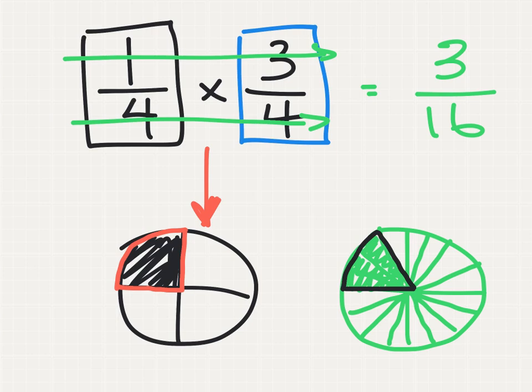It appears to me that 3/16 is smaller than 1/4. Our value or quantity has decreased or gone down. And that's exactly what we expected because we multiplied by a fraction that has a value of less than 1.